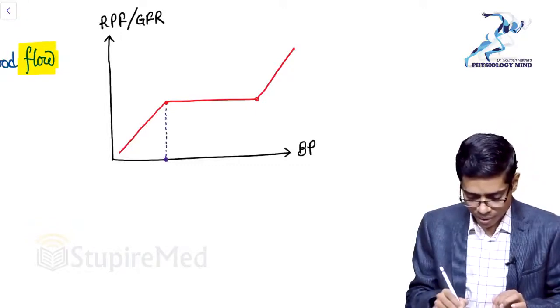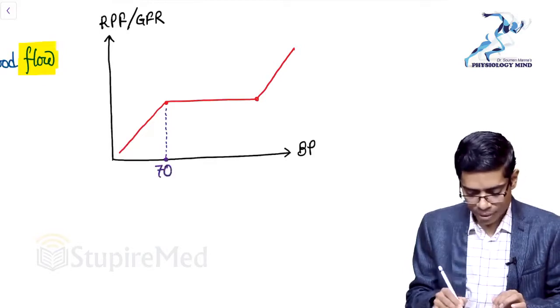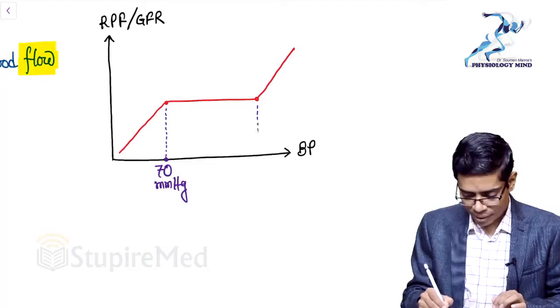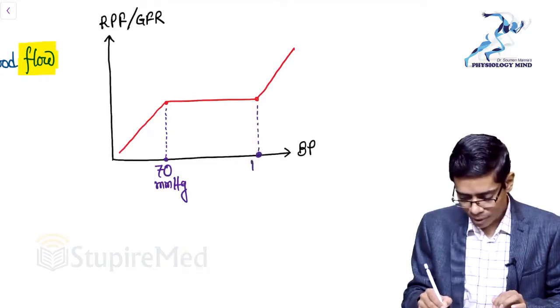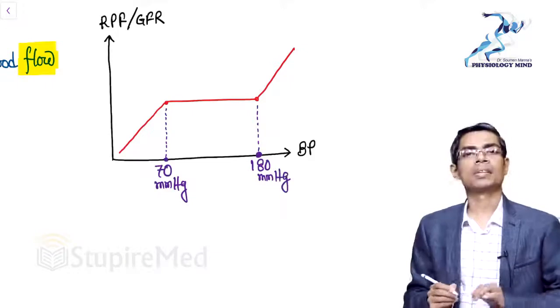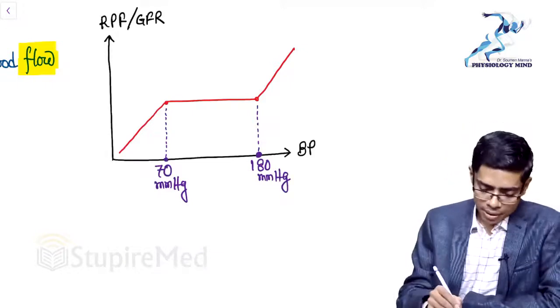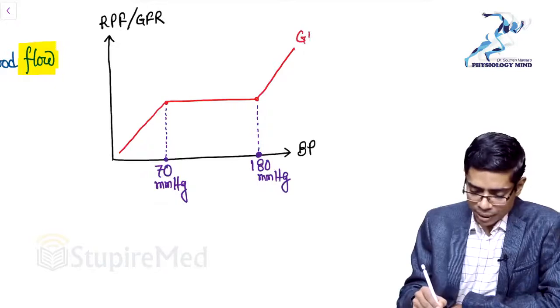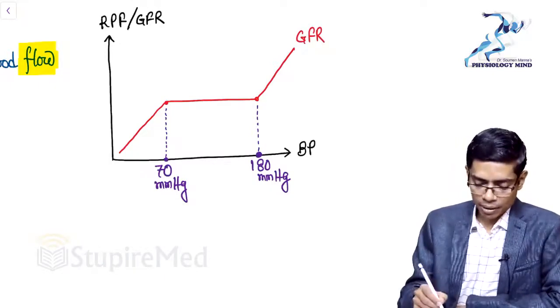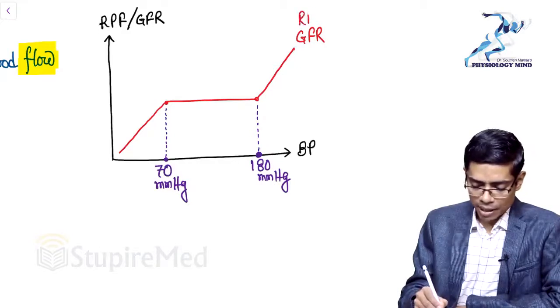You have to remember this: 70 millimeter of mercury, and this is 180 millimeter of mercury. So suppose this is renal plasma flow.